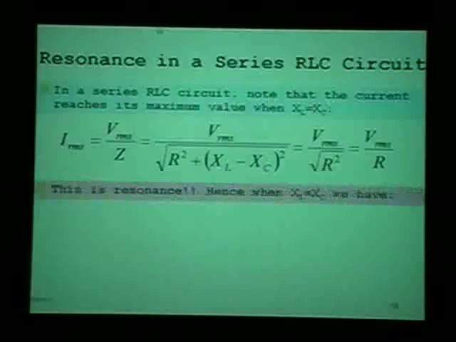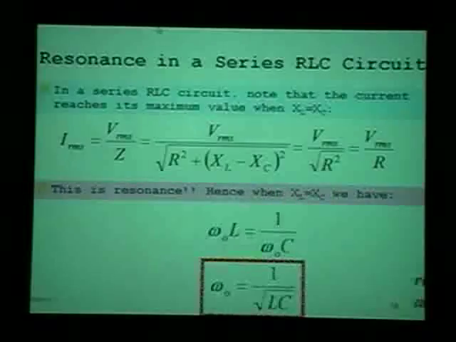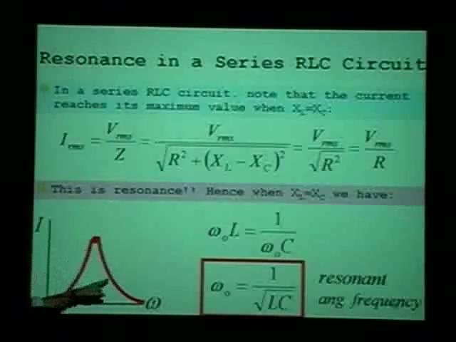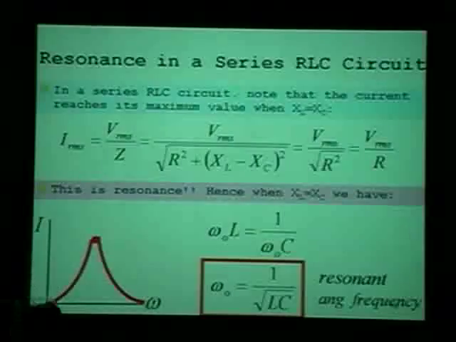If I were to graph this, it might look something like this. I'm graphing the current as a function of frequency, and it would peak out at some value, and on either side of that, it would rapidly drop off. So you would have a maximum value resonance of the current occurring when the reactances were equal.